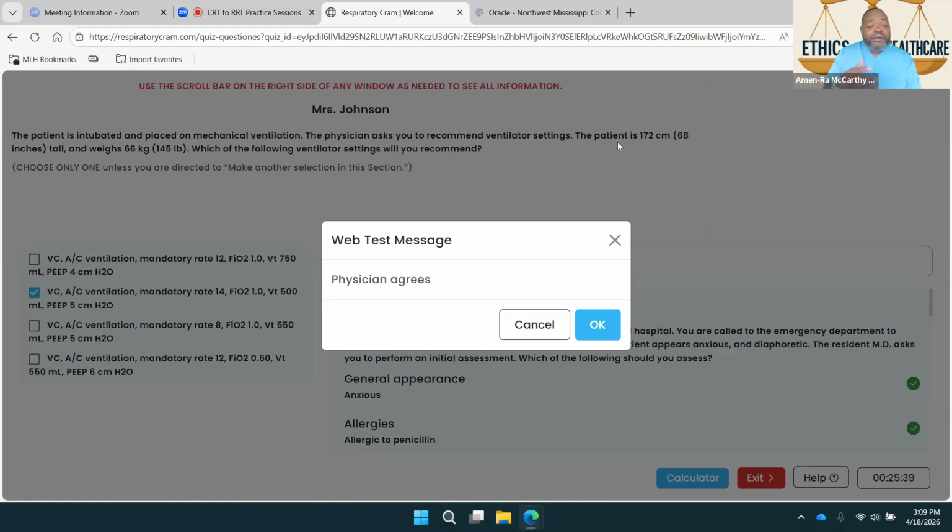But if we had used the 150 kilograms for our tidal volume, we might have picked that 750 and thrown ourselves off. So that's why it's important. Anytime they give you the height, I can't say it enough. If they give you a height, it doesn't matter if they're 2,000 pounds. If they give you a height, use the height. Okay? Great job. Physician agrees.